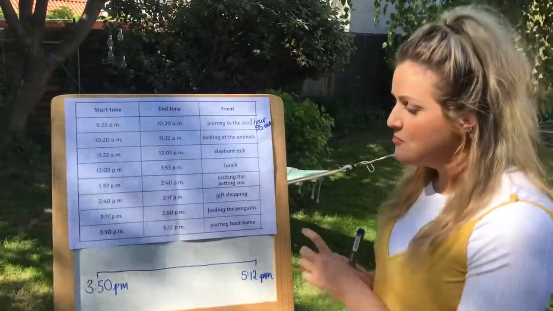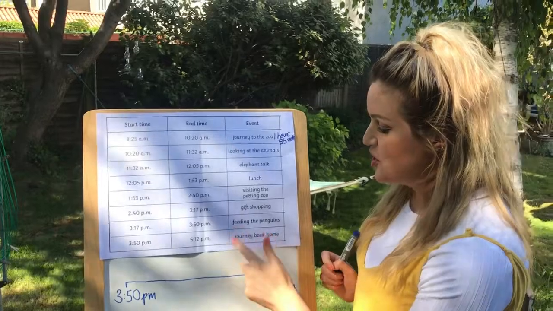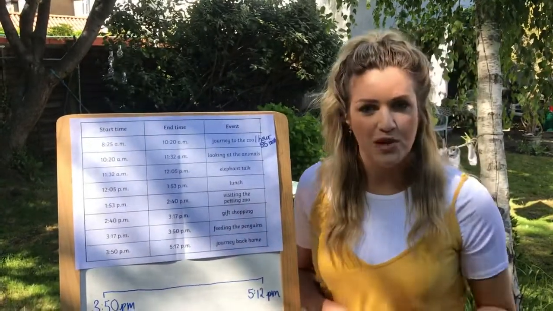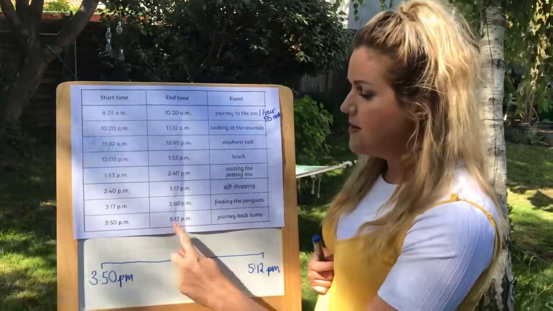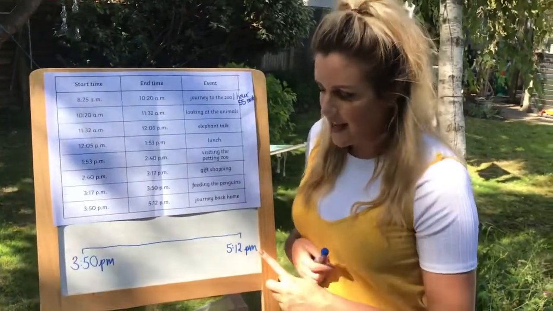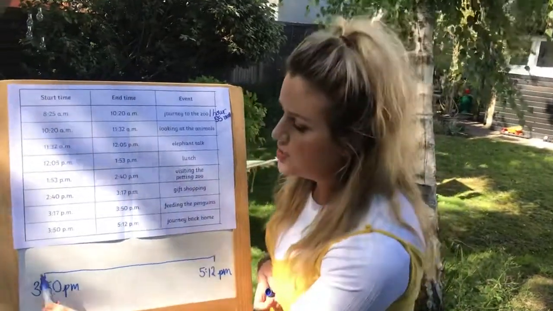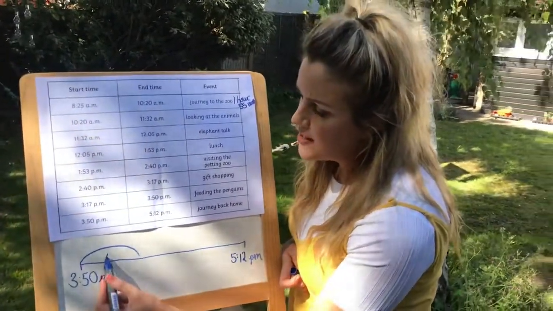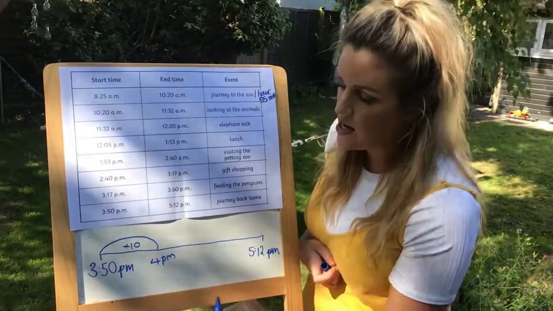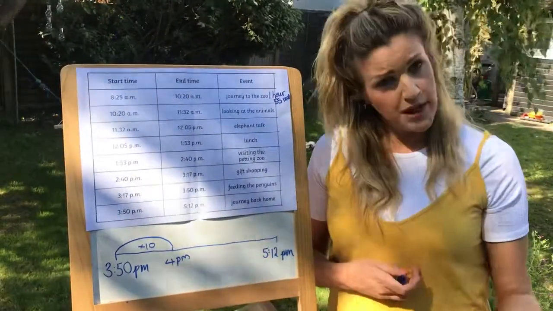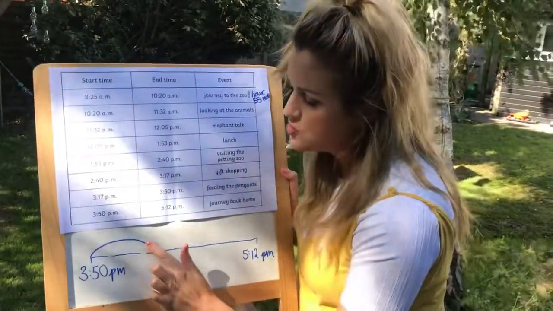Okay, so I'm skipping all of these because that's your job, and I'm just going to show you the journey back home. So I've got the start time at the beginning of my timeline, the end time at the end of my timeline. Okay, now in the previous one I bridged to the next hour, but there is a different way of doing it if you can spot that your question is suitable for this.